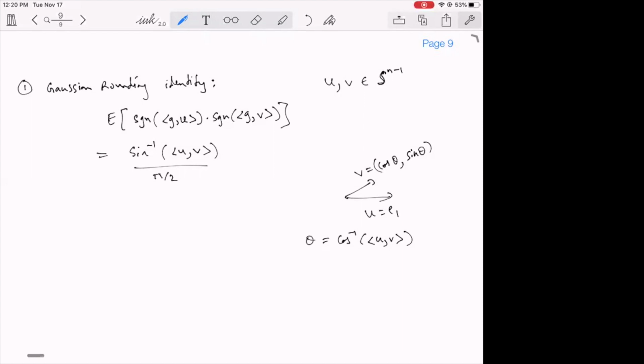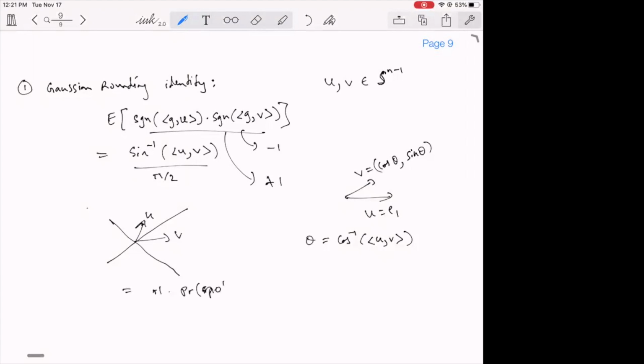So we need to calculate this. Given two vectors U and V in the plane, if I sample a random hyperplane, when does this hyperplane split the vectors, and when do they lie on the same side of it? When the hyperplane splits the vectors, the product will be -1, and when it doesn't split them, the product will be +1. So to calculate that expectation, we want +1 times the probability of not splitting, and -1 times the probability of splitting.